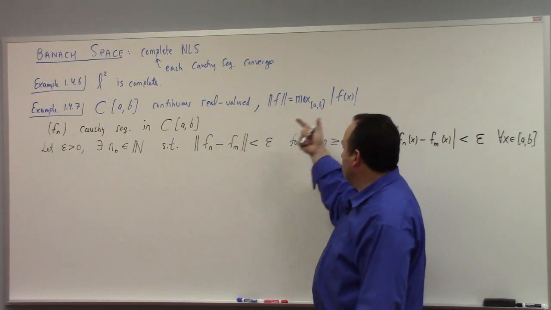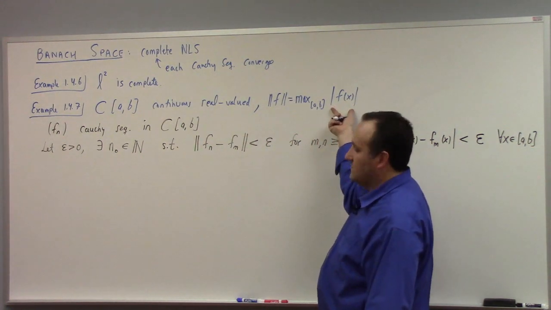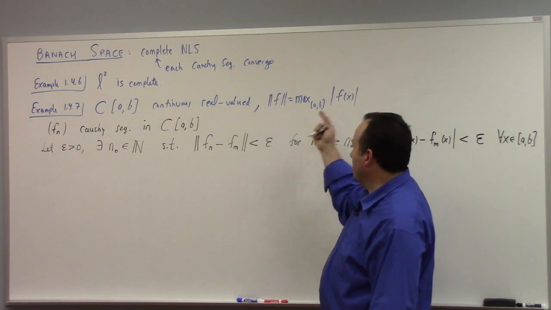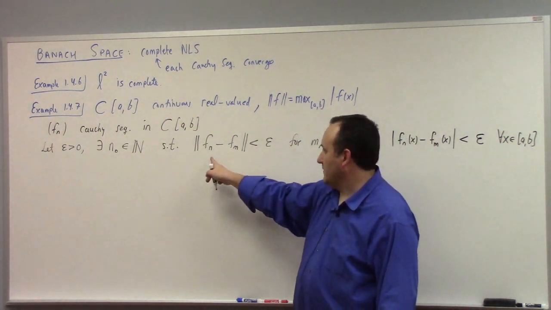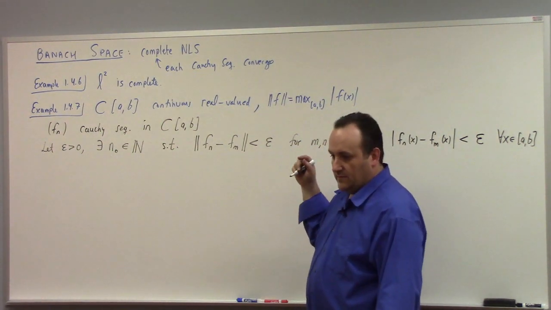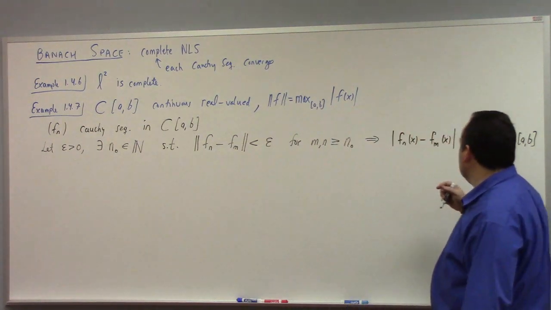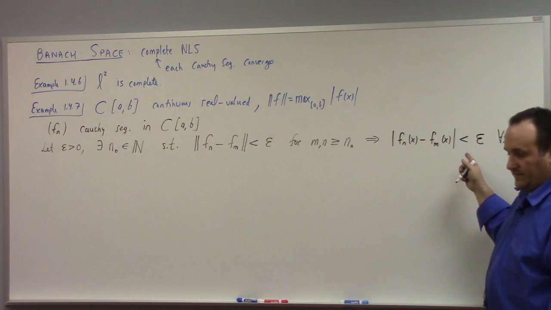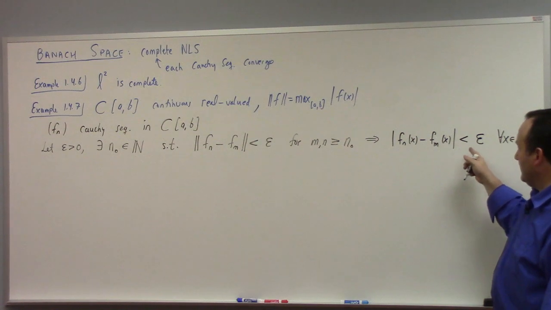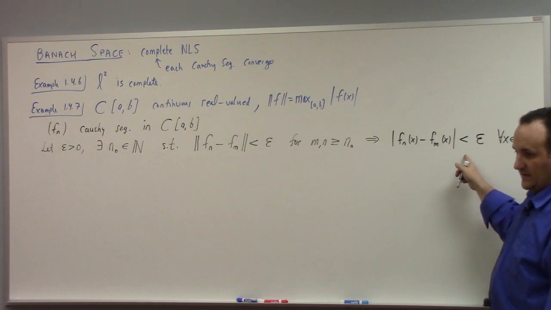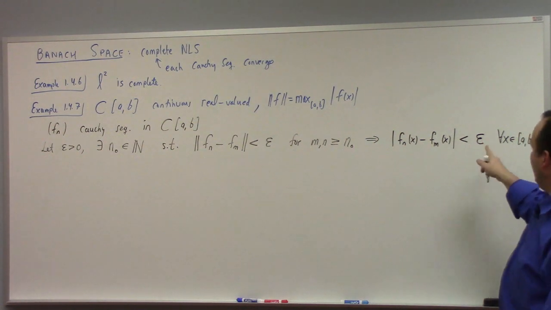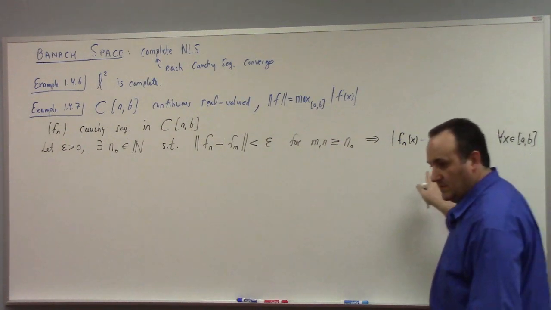So whatever that value is on [a,b], it can't be bigger than epsilon. Otherwise, this would be larger than epsilon.